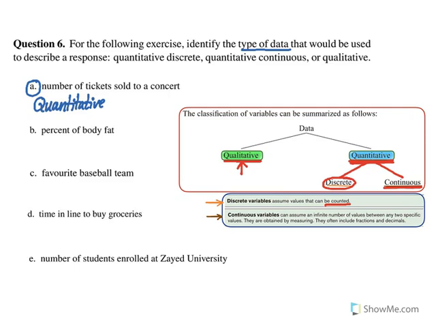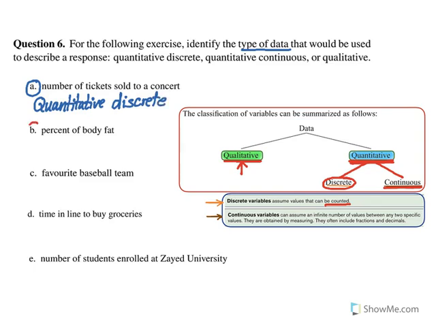You can say I sold, for example, 100 tickets or 200. You don't say 1.5 tickets were sold. It's always a whole number. It can never be something like a decimal. So this is why this would be quantitative and discrete.